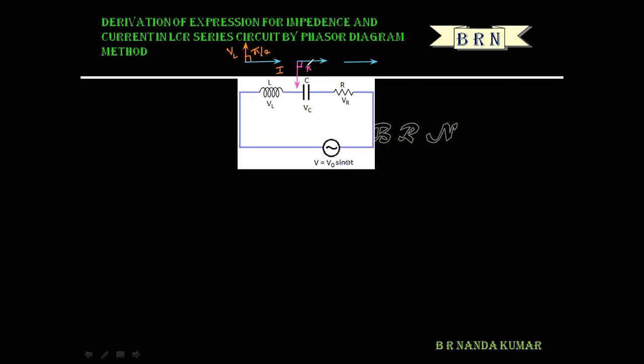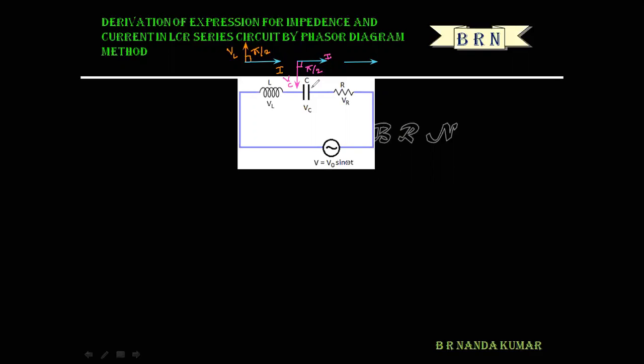So in a purely capacitive circuit, the instantaneous current flowing through the capacitor is I is equal to I naught sine of omega t plus pi by 2. That means the current leads the voltage, or the voltage lags behind the current by an angle pi by 2 radian.